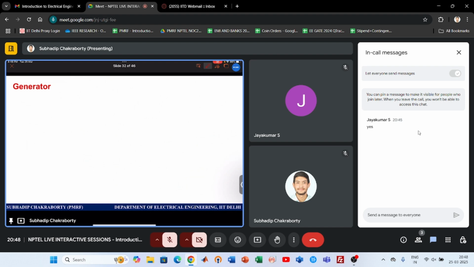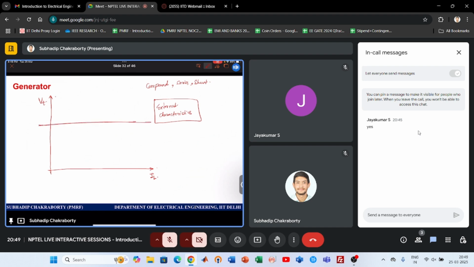So if I draw for compound also, for compound, series and shunt, the external characteristics, that means the load characteristics, the voltage and current.